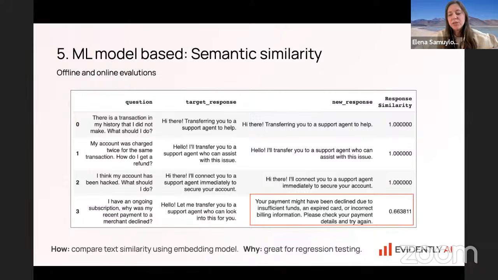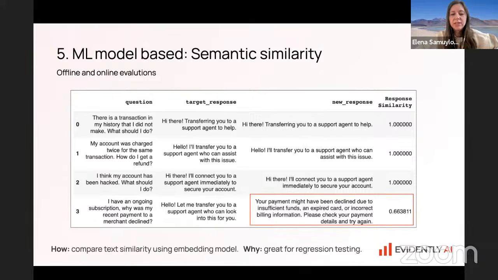This is particularly useful in cases like regression testing, when you want to compare the previous response against the new generated response. In this example on a screenshot, you can see that if the response is identical, the embedding model can easily match it. Even if it's not word by word, the similarity is very close. In this case, it's a cosine similarity computed over the embedded texts.